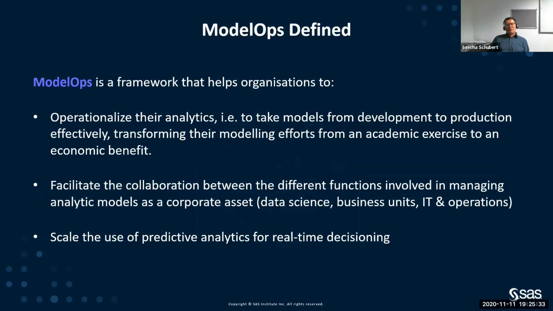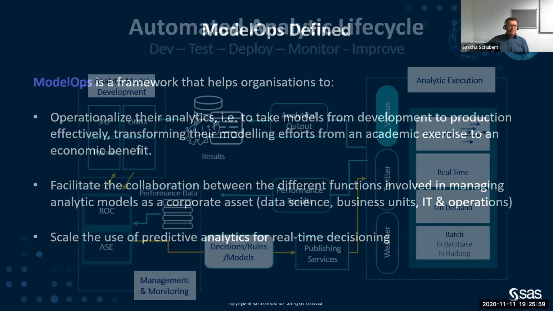The data scientist, the business unit that knows about the business process, the IT and operations that need to provide the infrastructure for the process to run on a mobile device, in my batch processes, on the web, and so on. So this is an area that is really high on the mind of the organizations that we're working with, to be able to automate this entire model lifecycle, not just the model development part of the pipeline.